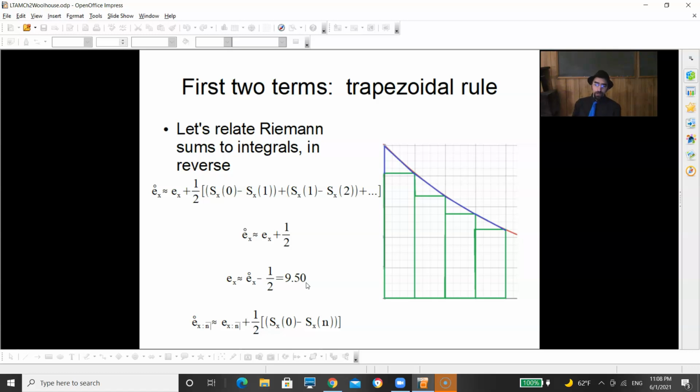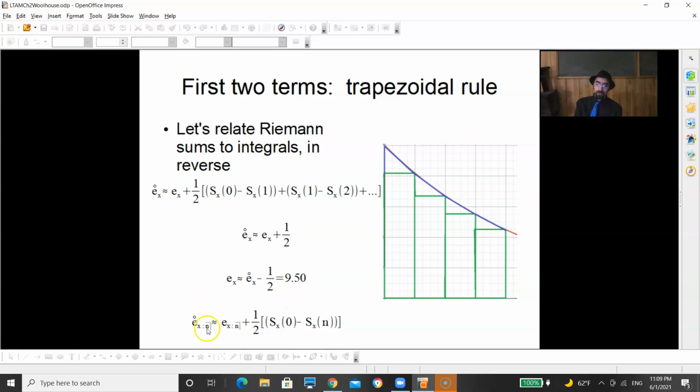One modification, suppose that instead of wanting e sub x, you wanted e sub x angle n. Suppose I want to stop after 4 years. Then instead of saying s of 0 minus s of infinity, it would be s of 0 minus s of 4.